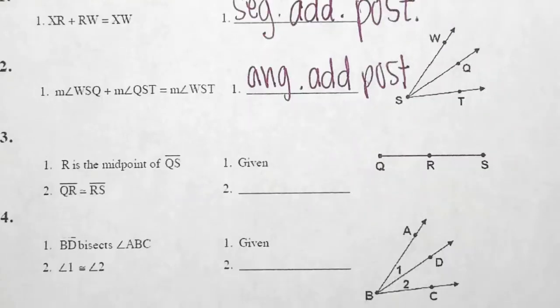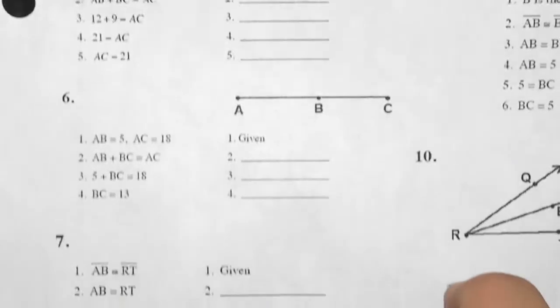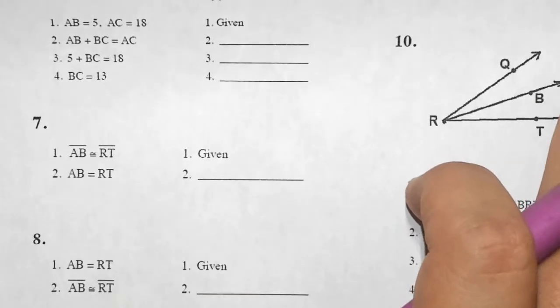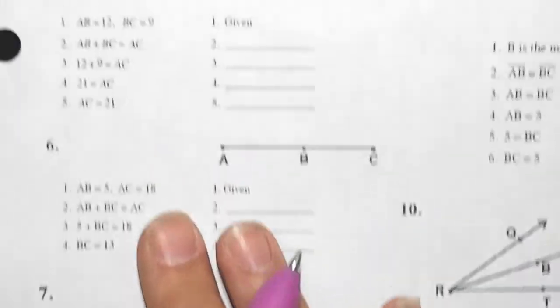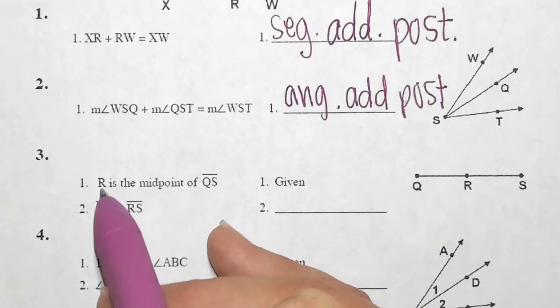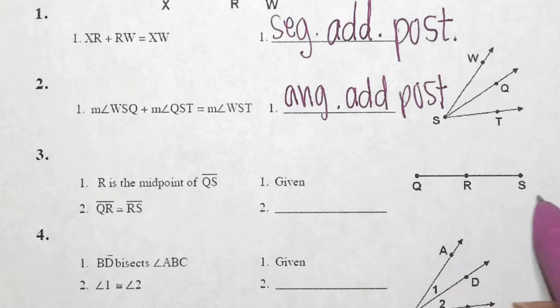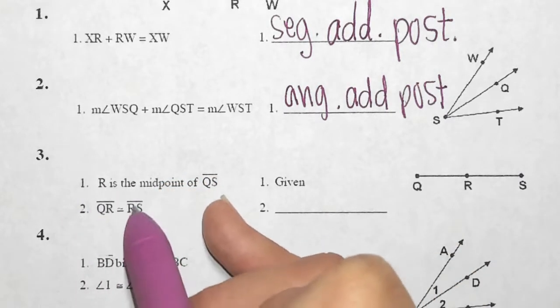Now, number 3 is starting to look like a little proof. Just like we had those algebraic proofs, this is what our geometric proofs are going to look like. So, number 3, it told you that R is the midpoint of QS. Therefore, we can say QR is congruent to RS.